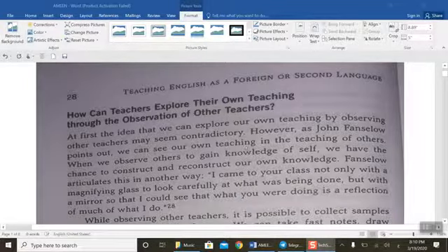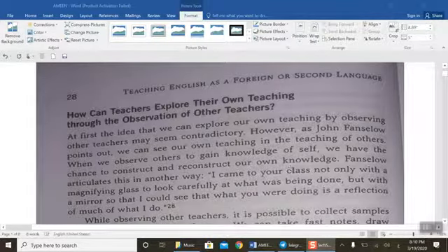When we observe other teachers, it means when we go to their classes, sit like a student and observe the teacher, to gain knowledge of self, we have the chance to construct and reconstruct our own knowledge.